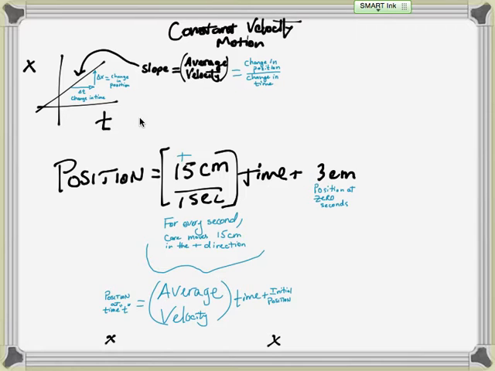So position is a vector quantity. It has a magnitude, an amount, but it also has a direction. When you get information about direction as well as magnitude, you're talking about a vector. That's what these symbols mean. I'm just reminding myself that those are vector quantities.